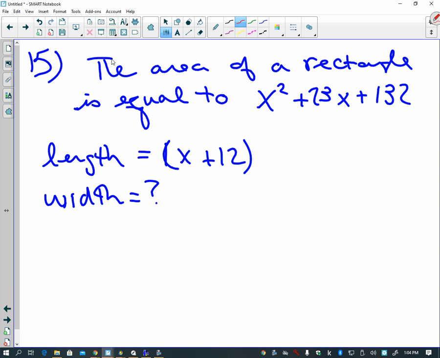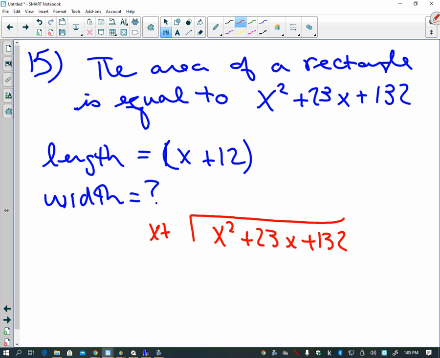All right, so you want to take x squared plus 23x plus 132 and divide it by x plus 12, like that. Okay. All right, so how many times does x go into x squared? X times, right? What's the next step in solving if we're going to solve via long division?